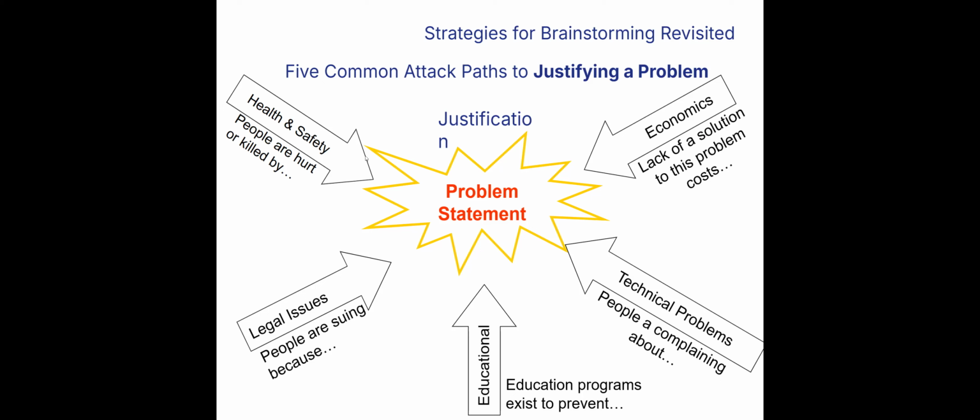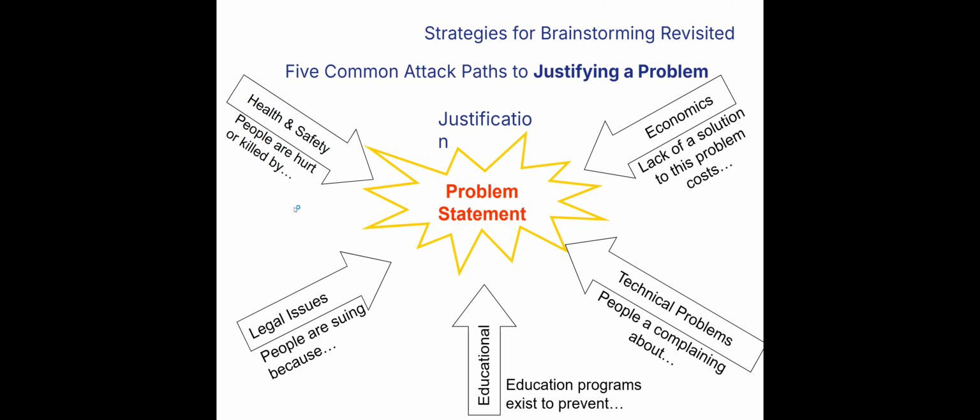In the PowerPoint template that they have, one of the slides early on is their attack path. So this is where that comes from. It doesn't have to look exactly like this. I've always required that they have at least three of these paths: health and safety, economics, technical, or legal, educational, technical, something like that.